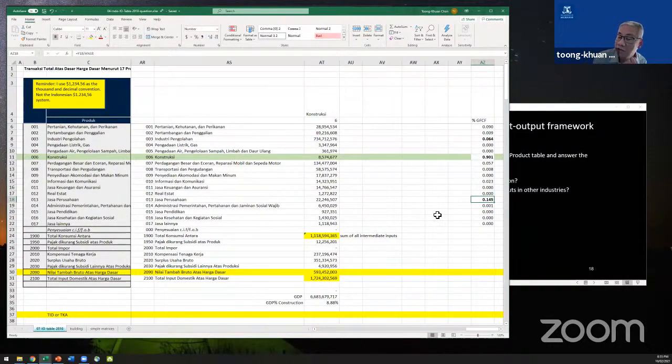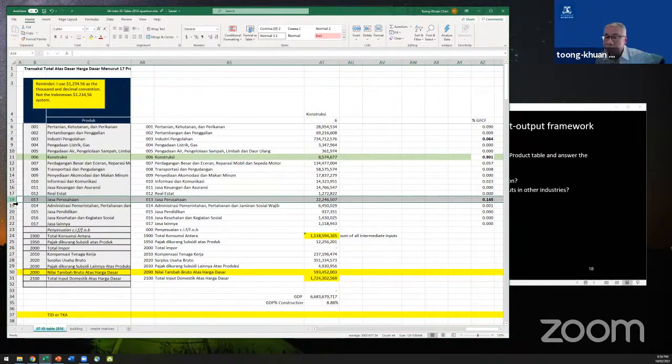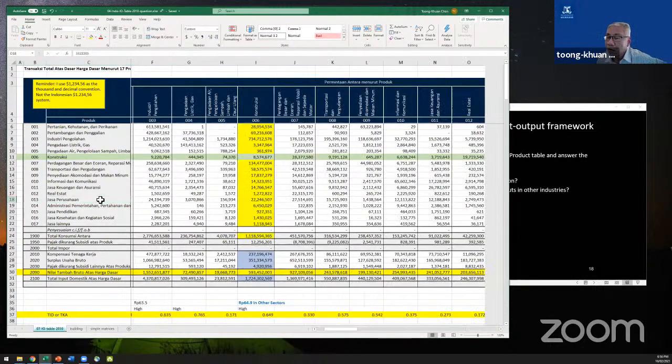Do you know why business services is high? Jasa perusahaan. What are they producing that becomes asset? Jasa perusahaan, this one. Buildings, perhaps? No, jasa perusahaan cannot produce buildings.